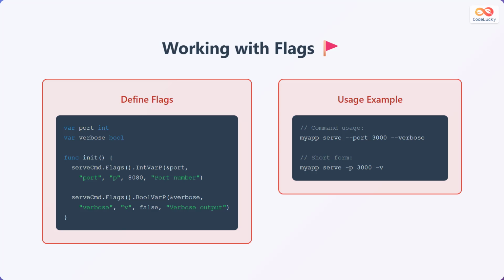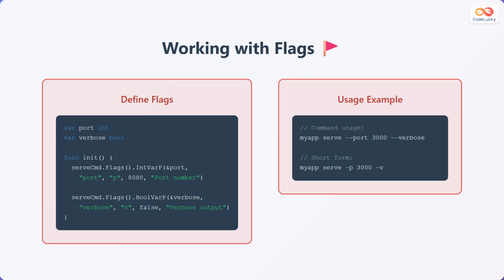Flags are one of the most powerful features of Cobra, allowing users to customize command behavior through options. Cobra supports various types of flags, including integers, booleans, strings, and more. To define flags, you first declare variables to store the flag values, then use the Flags method on your command to add them.